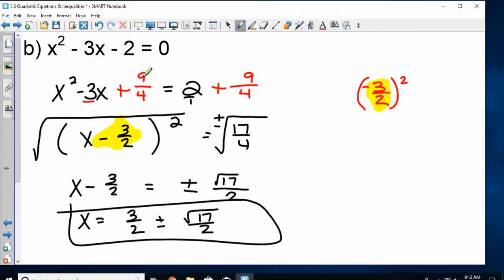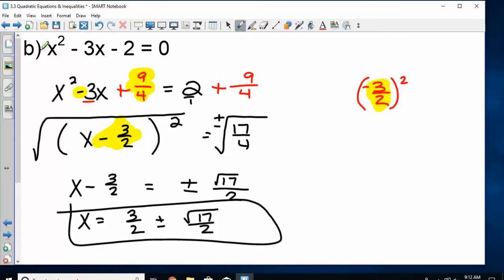You could also just think this is a minus, so it's going to be a minus. Square root of 9/4 is 3 over 2. And that gives it also. Essentially what I'm doing is box method over here, but since it's always going to turn out to the same parentheses twice, I'm just writing it as something squared. Other questions?